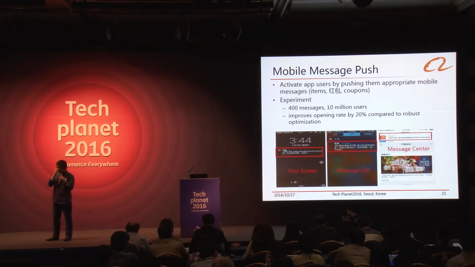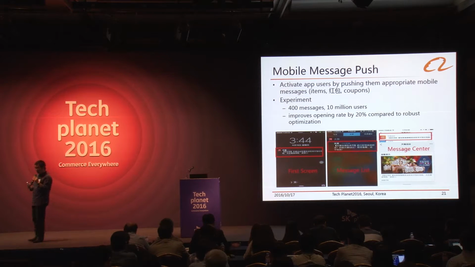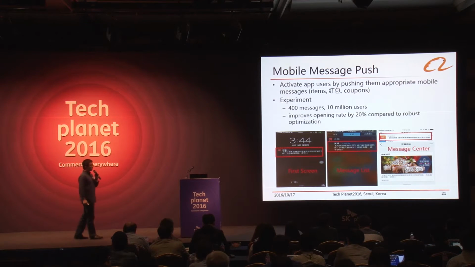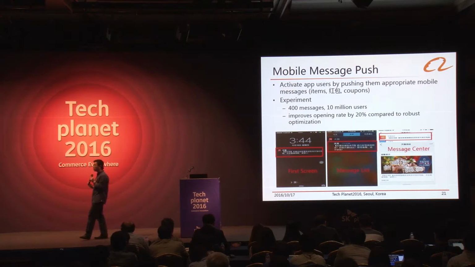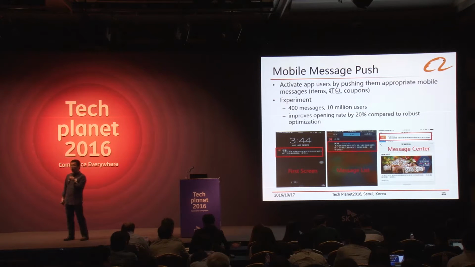We found that by running this algorithm against this mobile message pushing task, we were able to improve our opening rate by 20% compared to the robust optimization approach we listed before. So again, this is a very powerful tool, given its advantages in only requiring partial preference and being highly efficient compared with a typical linear programming problem.